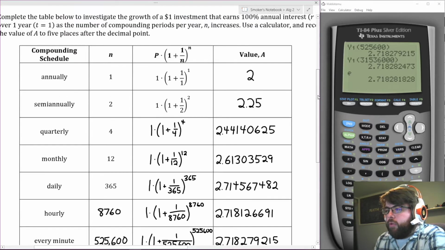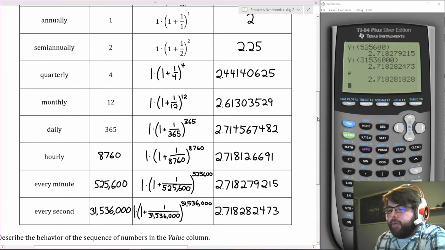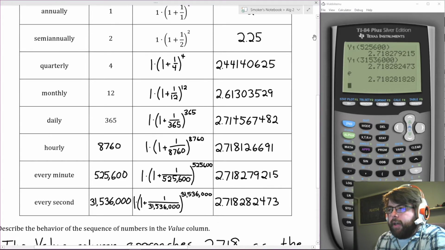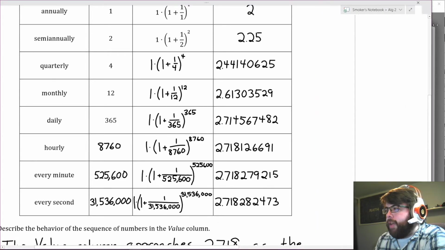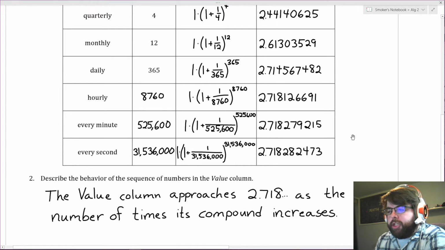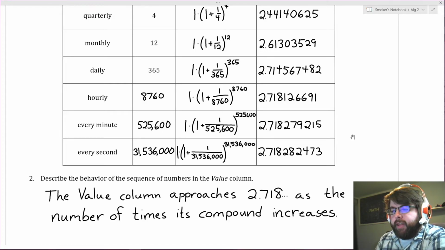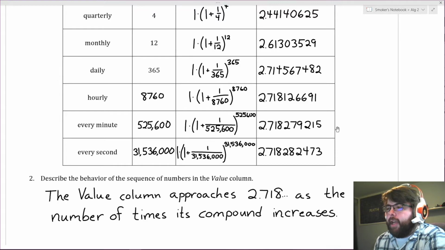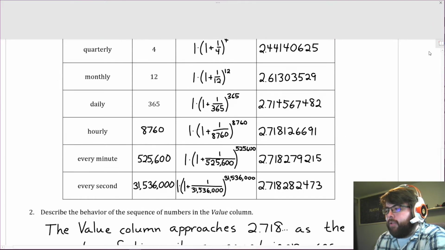It's called the natural number, and we're going to use it in logs and call that the natural log. There's one other question: describe the behavior of the sequence, as the value column approaches 2.718. It's just getting closer and closer to this 2.718.